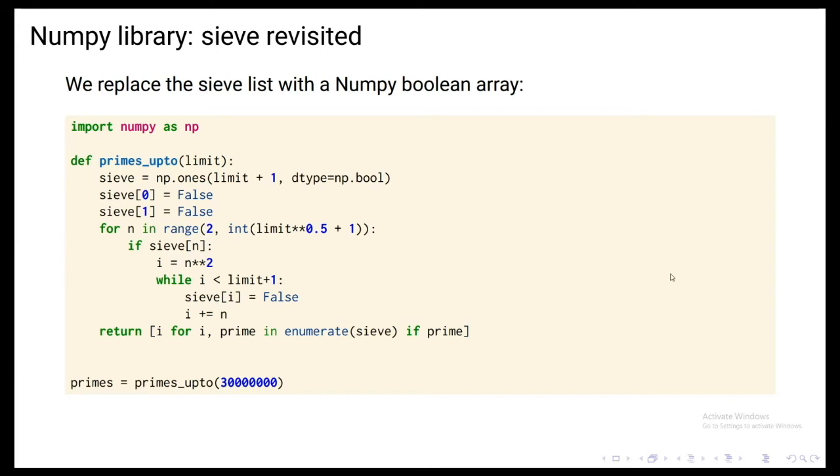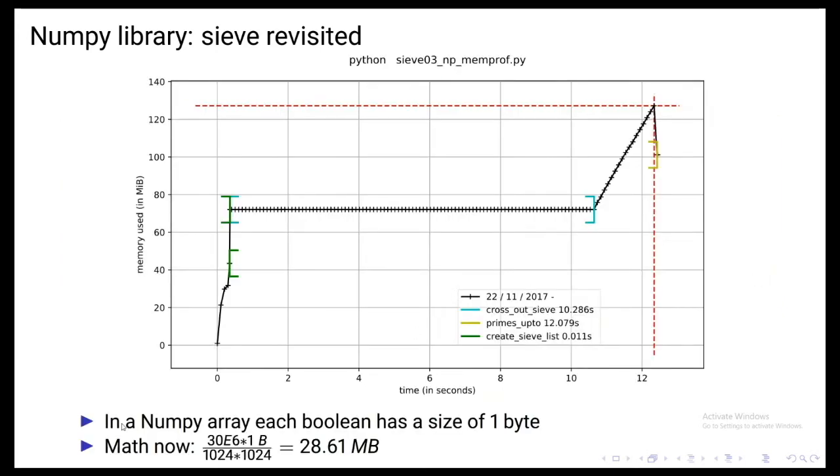It needs to allocate just 1 byte in memory to represent a true-false value, which is more than enough. And so we see that if we run the same code, but using a NumPy array for the C list, the jump that before was 228 something is now just about 20 something.